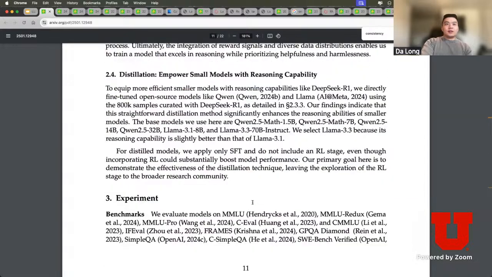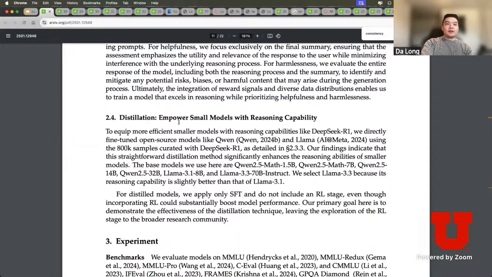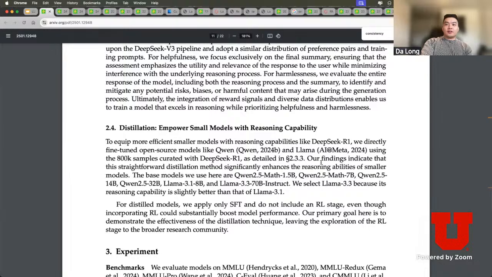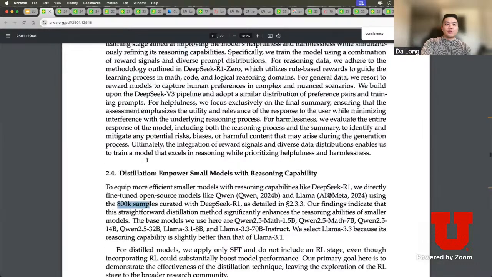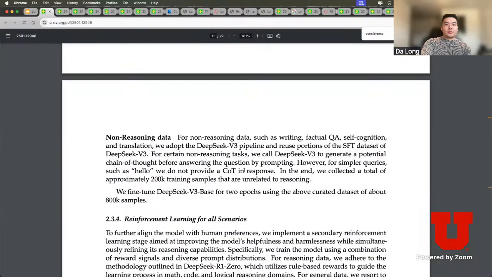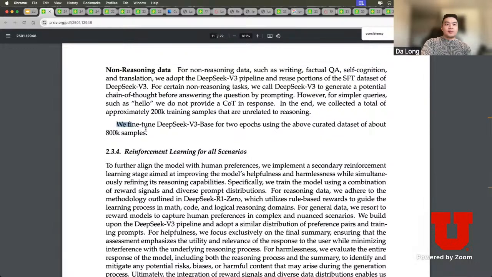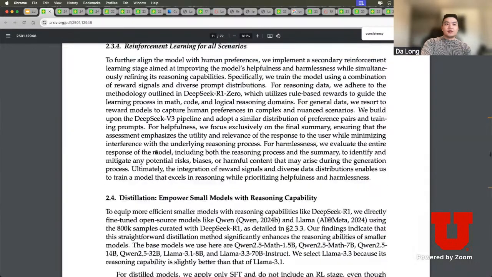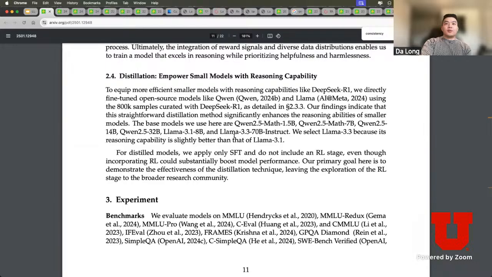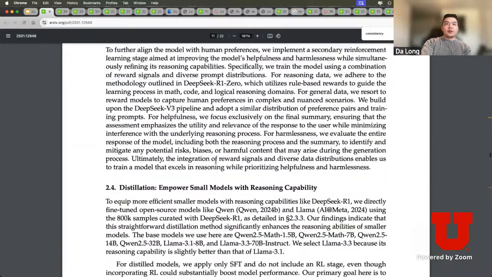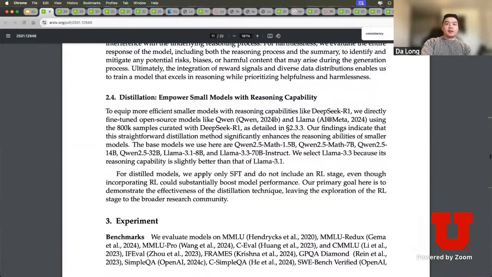So yeah, that's the whole process. And they also do a distillation over other open source models, but for this they just use the 800,000 samples from this step. They use these samples just to fine tune the open source models. For the open source models, they don't do the reinforcement learning, and it's already proven powerful.